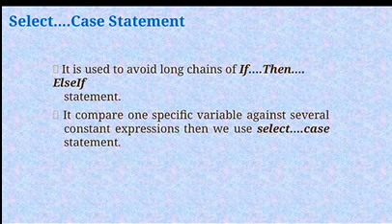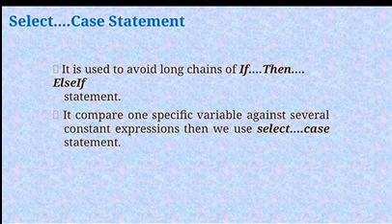If the expression is evaluated to 0, that is false, then control passes to the next statement following it. That is, we have only one possibility.